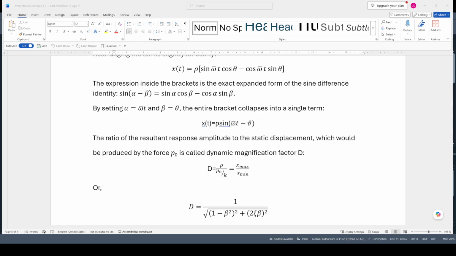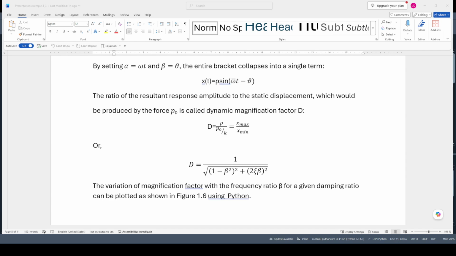So it is equal to rho divided by the amplitude P0 divided by K. It is equal to this value. This magnification factor we can plot using Python in function of xi and beta.